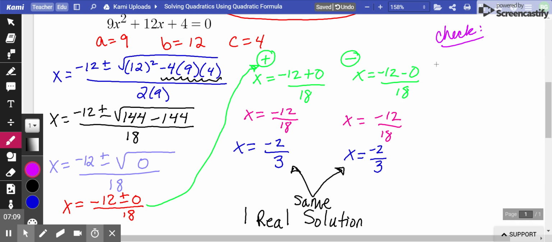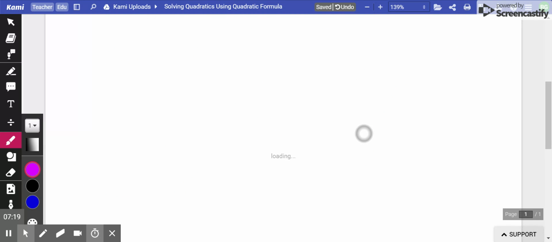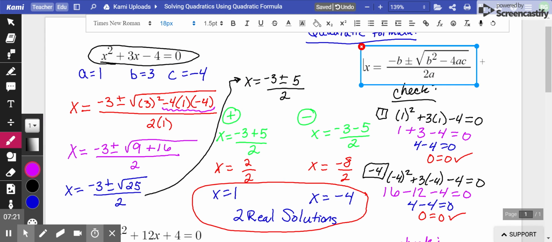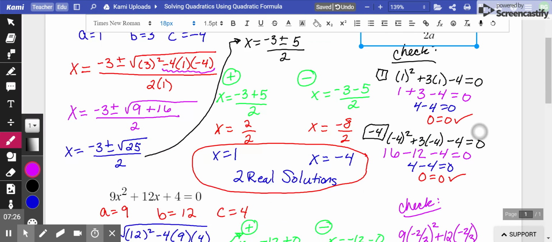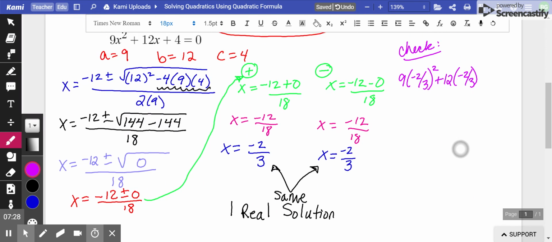So again, substitute them in for x. We'd have 9 times negative 2/3 squared plus 12 times negative 2/3 plus 4 equals 0.